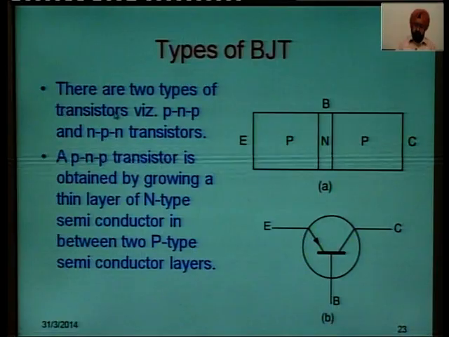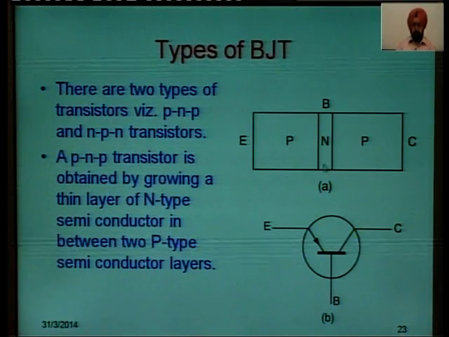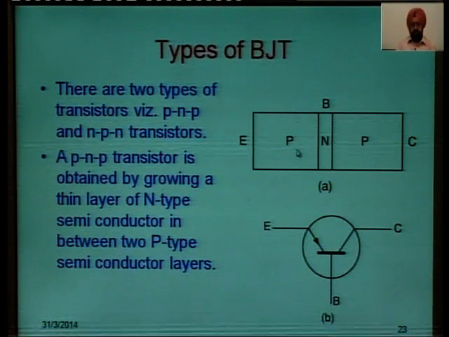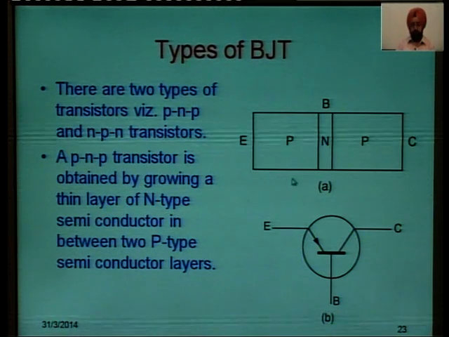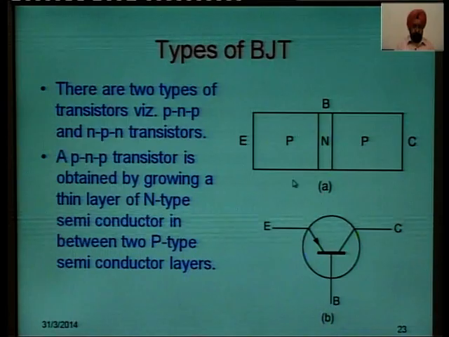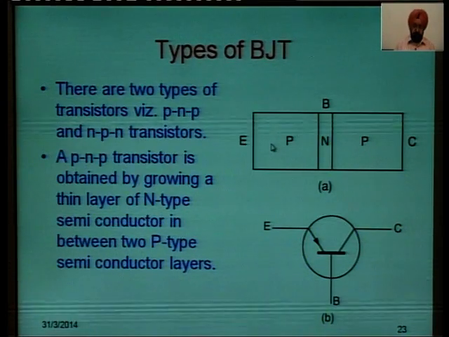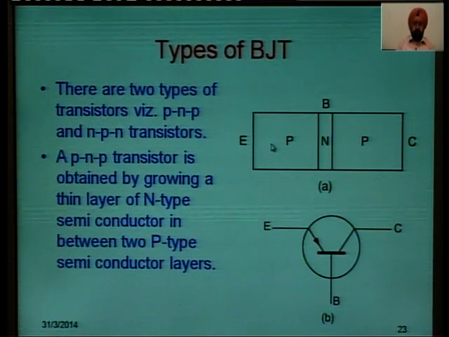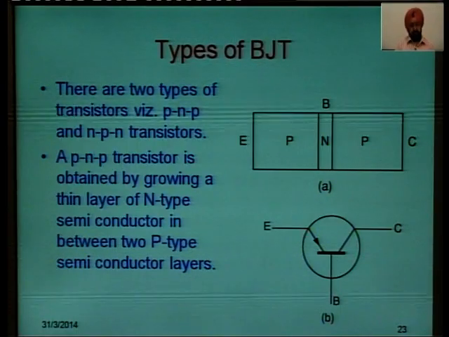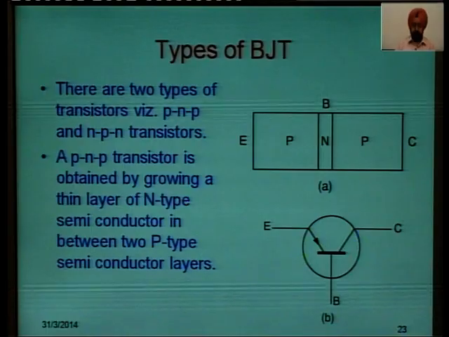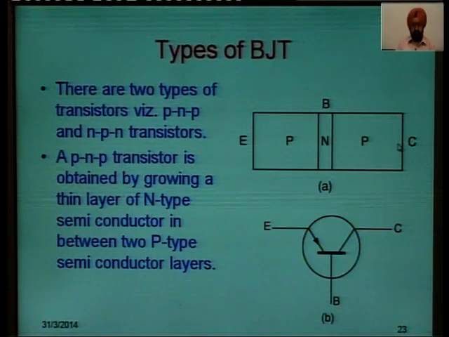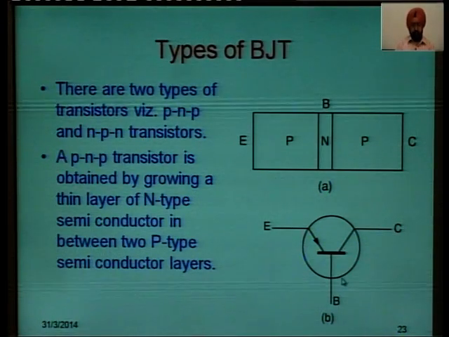There are 2 types of transistors. If you grow a thin layer of n type between 2 thick p type layers, you get what is called a PNP transistor. So, a PNP transistor is obtained by growing a thin layer of n type semiconductor in between 2 p type semiconductor layers. This is the PNP transistor, and this is its symbol.